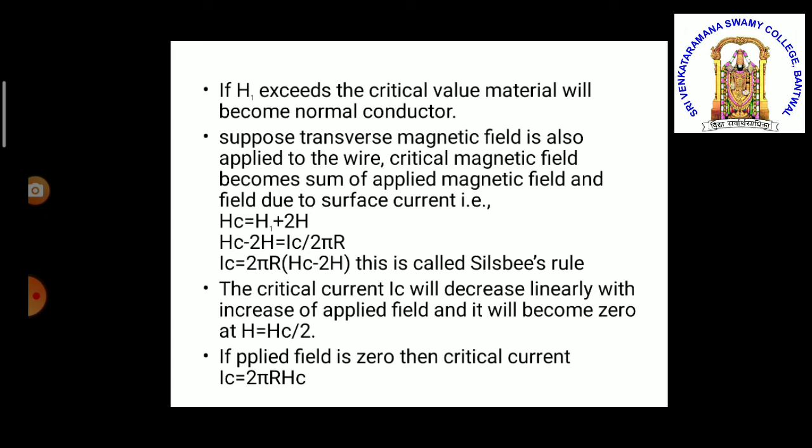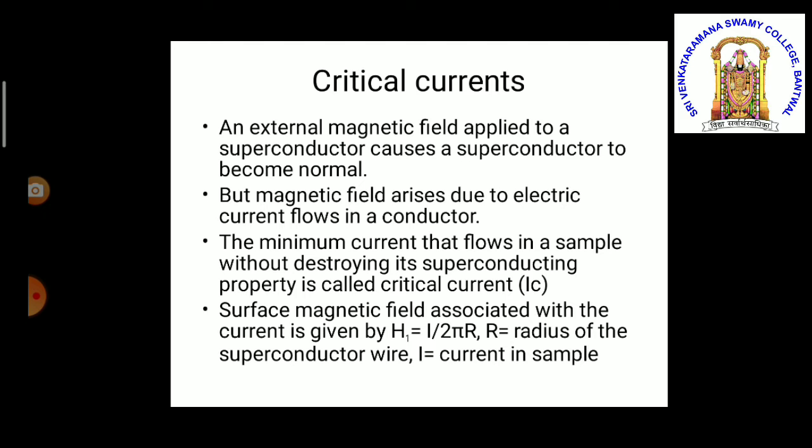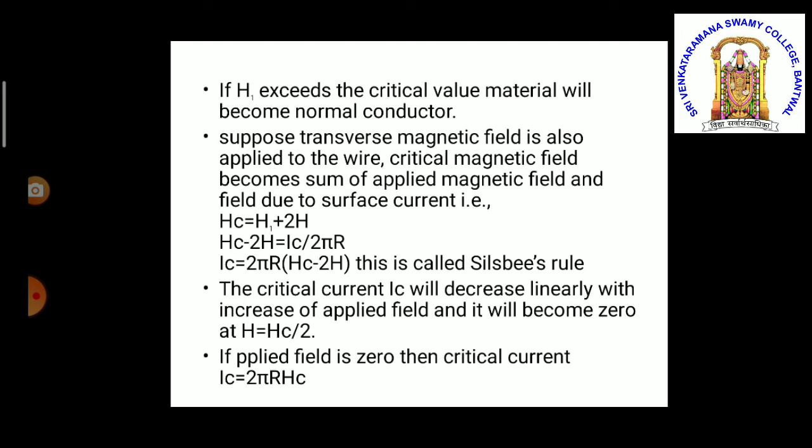If we rearrange this equation, Hc minus 2H is equal to H1. We have the expression for H1, that is I by 2 pi r. By substituting that, with I being the critical current Ic, Ic by 2 pi r equals Hc minus 2H, or Ic equal to 2 pi r into (Hc minus 2H).